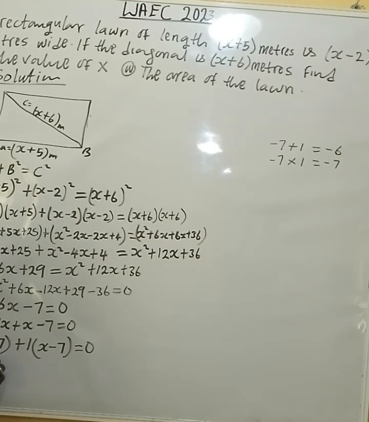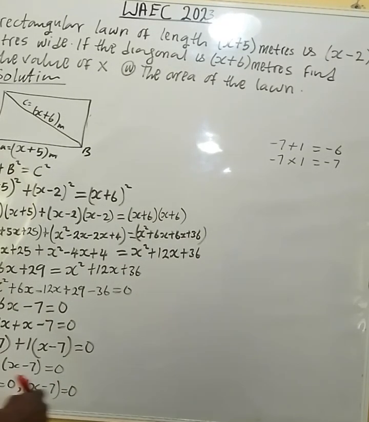X plus 1. Then we pick one between what we have inside the bracket. So x minus 7. Everything equals to 0. So now we just equate it. Everything equals to 0. So x plus 1 equals to 0, comma, x minus 7 equals to 0.